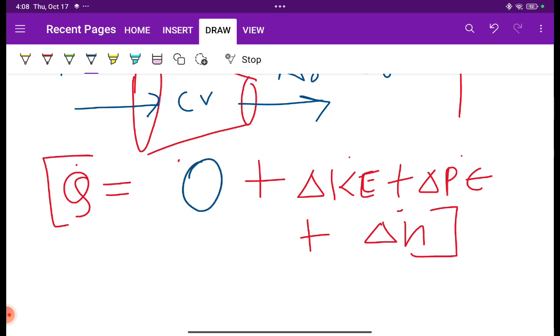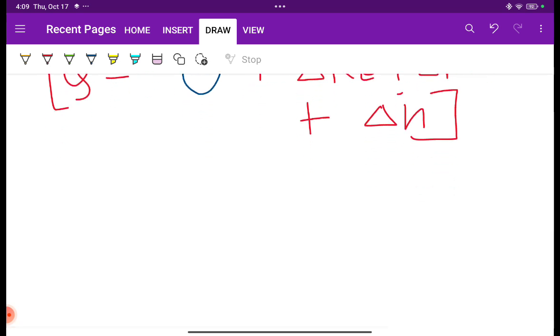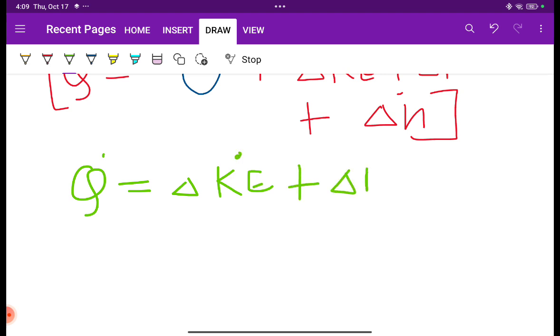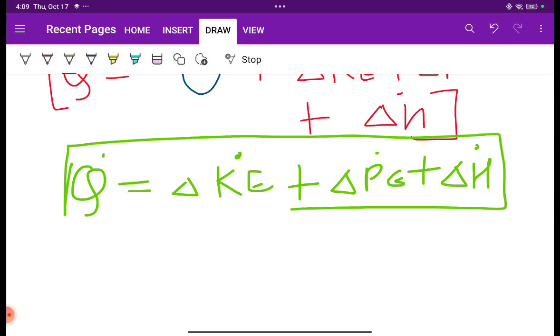Therefore, our steady flow equation for the nozzle becomes: rate of heat interaction equals the rate of change of kinetic energy plus the rate of potential energy plus the rate of enthalpy change. This will be our steady flow equation for the nozzle.